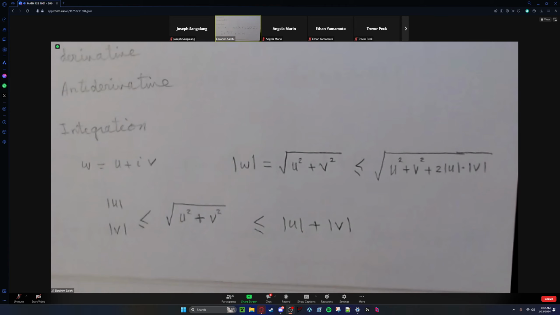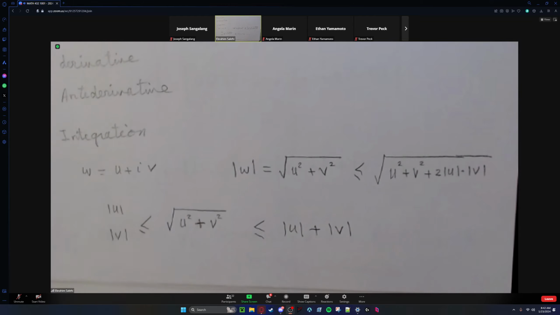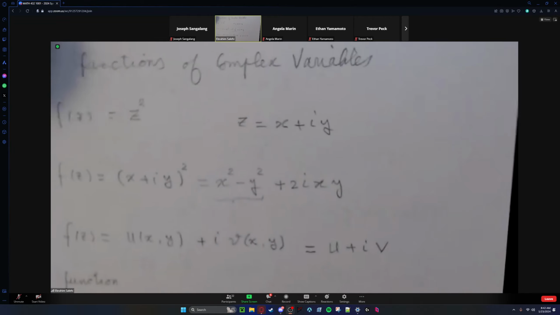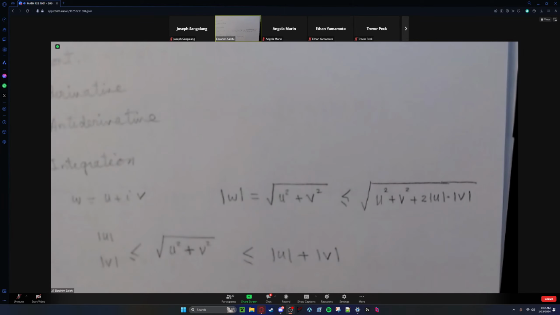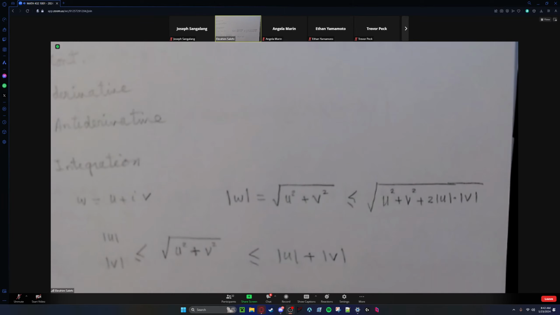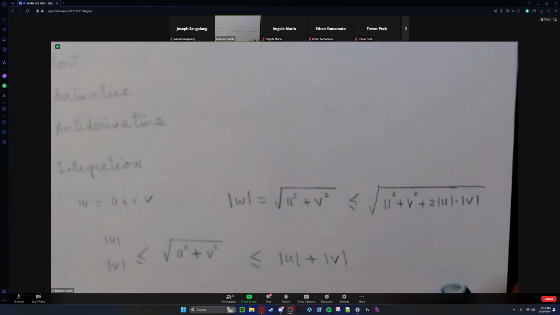the concept of limit and continuity of a complex variable function. Okay, how? Here is how. We have this inequality, which is going to behave like a miracle for us, as you will see momentarily.